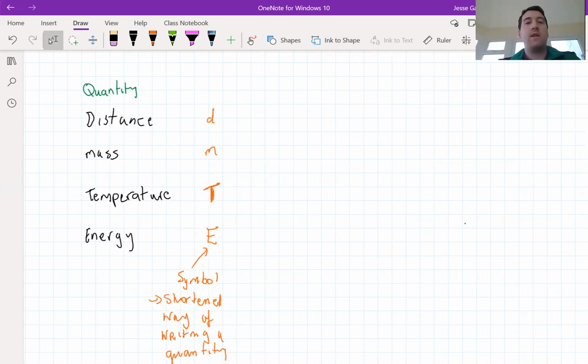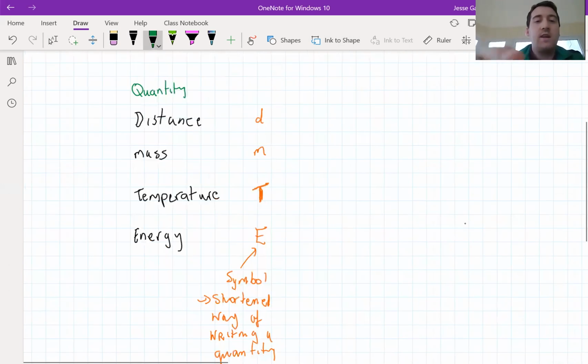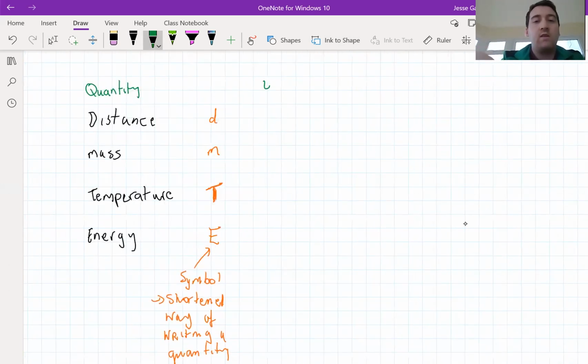Now, when we measure these things, we have something that we call a unit. So each quantity has its own unit. And the unit will tell us, when we see a number, what the number represents. So for example, the standard unit we would use for distance is the meter.